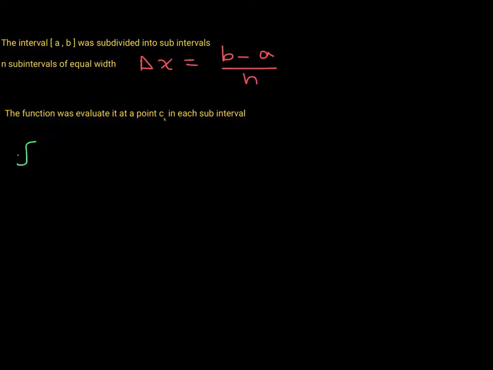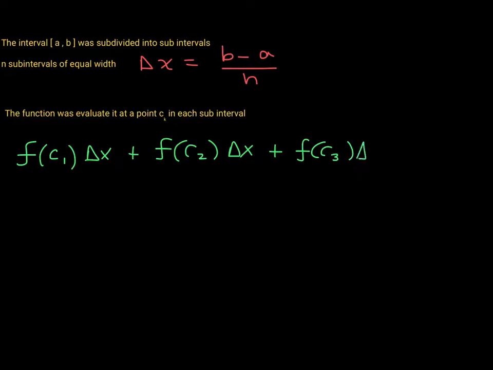It will be f at c sub 1 times delta x plus f of c sub 2 delta x plus f of c sub 3 delta x, and so on, plus f of c sub n delta x, where each of these c sub n's are the points at which the function is evaluated from each subinterval.